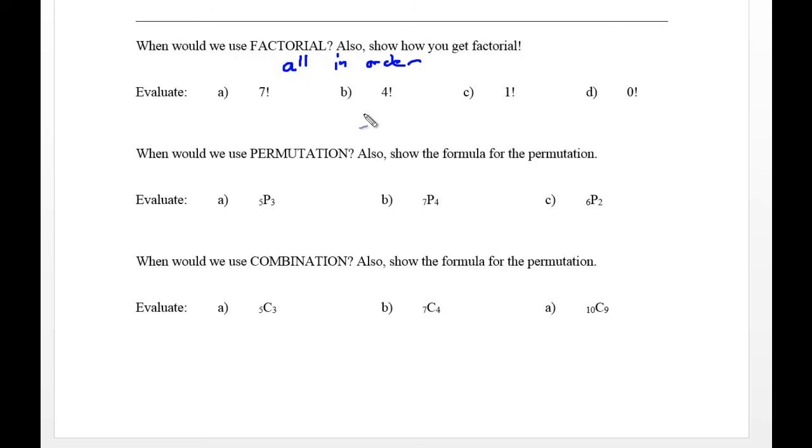An example of this would be, if I said in a story problem, how many ways can you pick your top 10 bands out of this group of 10? Well, I'm asking for all the items in order, so this is clearly a factorial problem. On the test, you wouldn't have to solve that problem due to time, but you would have to identify what kind of problem it is.